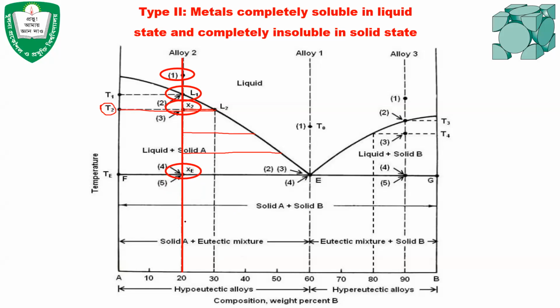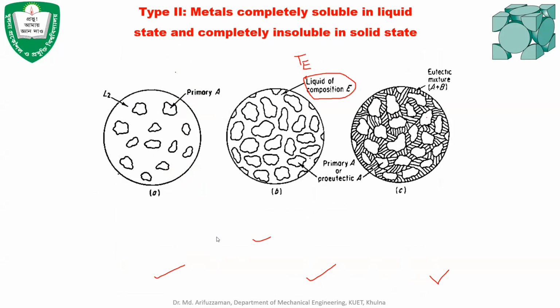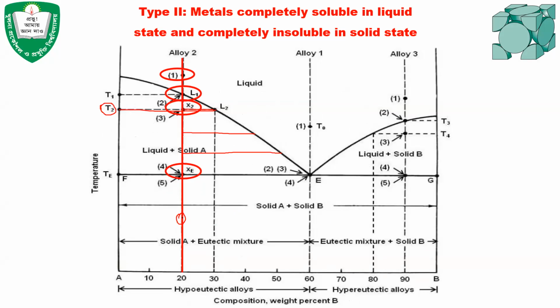Okay, now another question that can be raised here is, when the temperature is below this eutectic temperature, like at this point, how much solid A will be there and how much eutectic mixture of solid A and solid B will be there? That might be the question. Then you have to draw the tie line here, and that will give you the same chemical composition as initially, 20B80A.